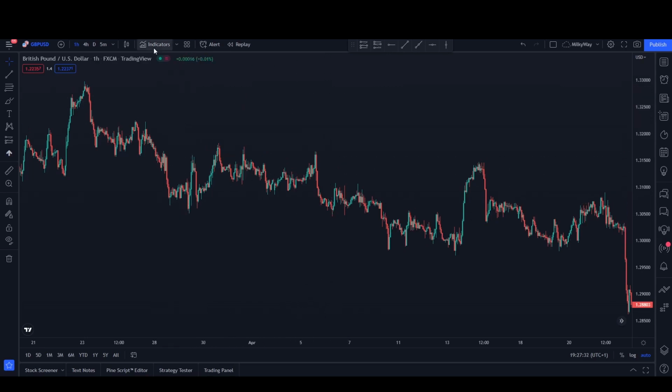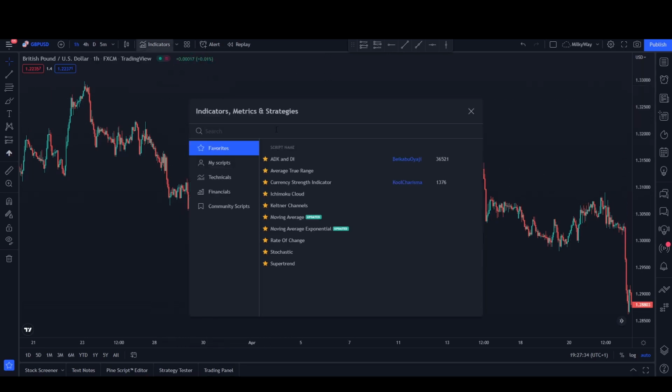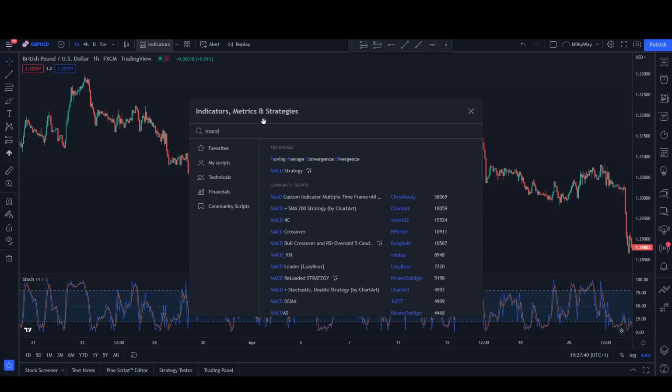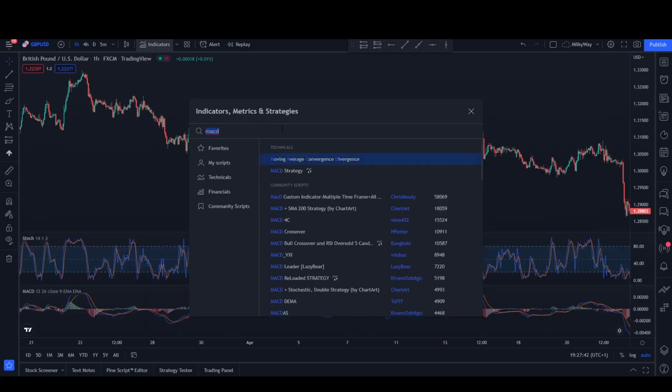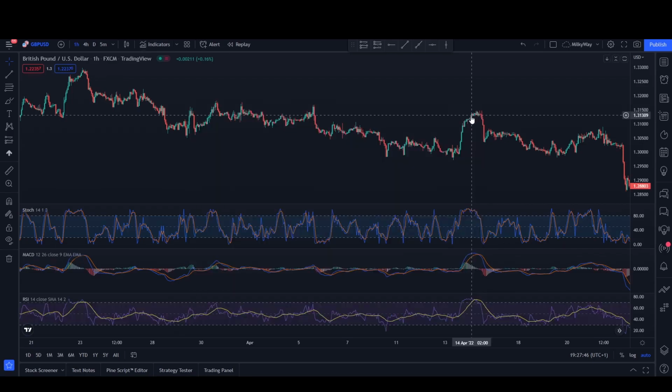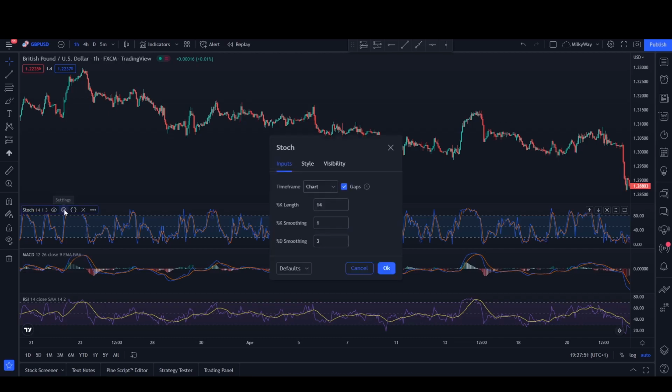So we'll go ahead and add the indicators. So we've got 3 indicators today. We've got the stochastic indicator, we've got the MACD indicator, and the RSI. So there's a slight change in the settings. In the RSI, we'll leave it like this.